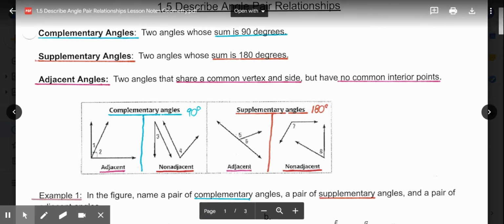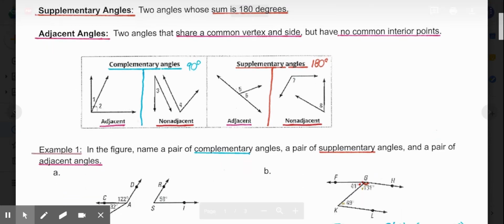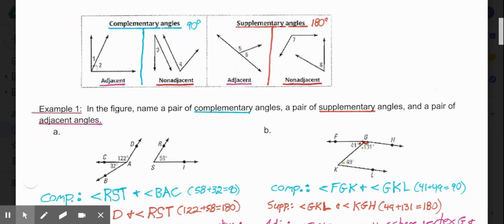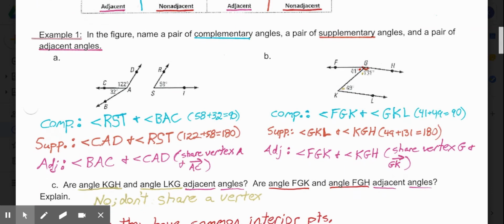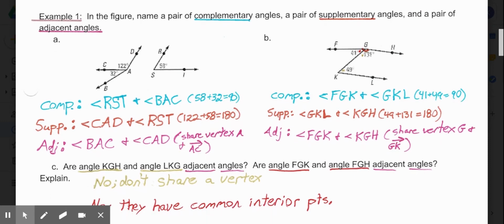So now that we have those three definitions, we can start to apply them to different diagrams and algebraic pieces. So in example 1, in the figure, they just simply want us to name a pair of complementary angles, a pair of supplementary angles, and a pair of adjacent angles. So in part A, complementary angles are the angles that add to be 90 degrees.